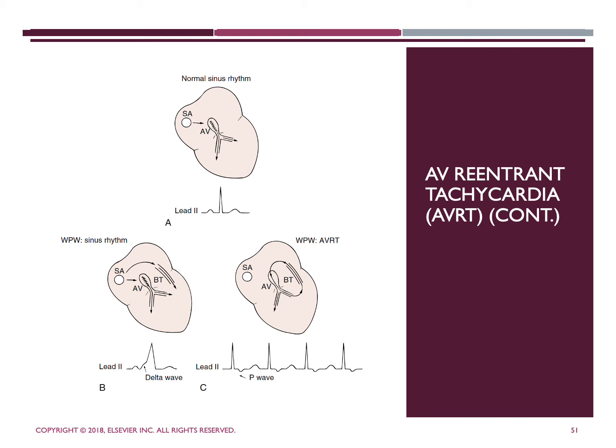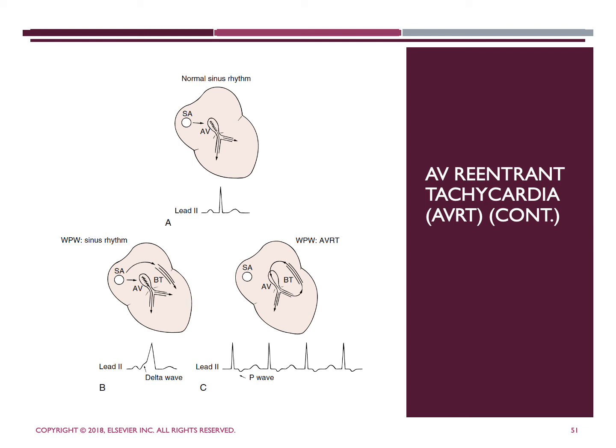With the WPW, during sinus rhythm, the electrical impulse is conducted quickly down the bypass tract, pre-exciting the ventricles before that impulse arrives via the AV node. And then what happens with this is the PR interval is short and the QRS complex is wide, with slurring at its onset, aka our delta wave.